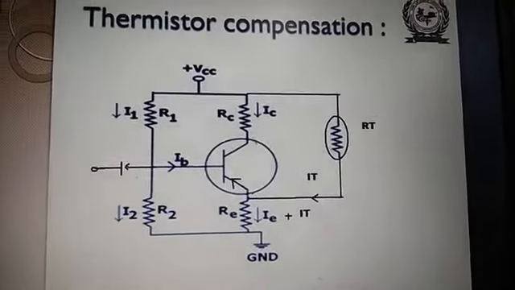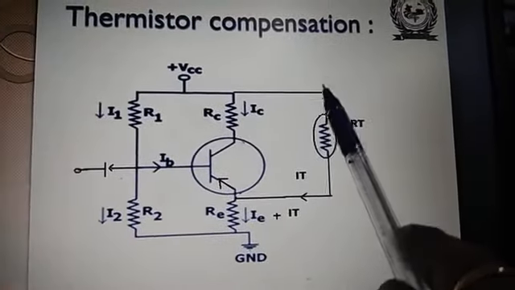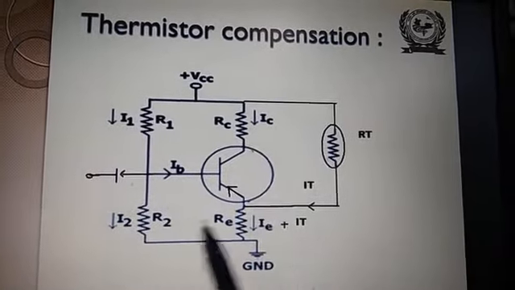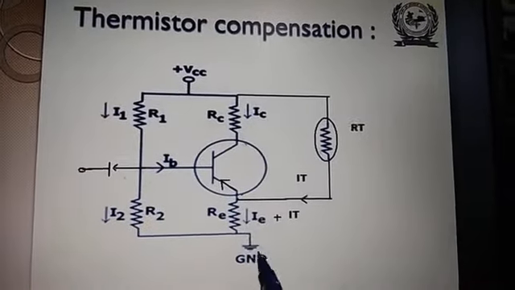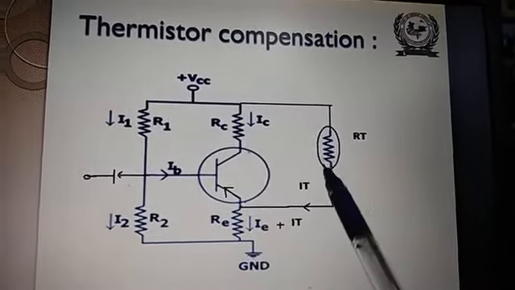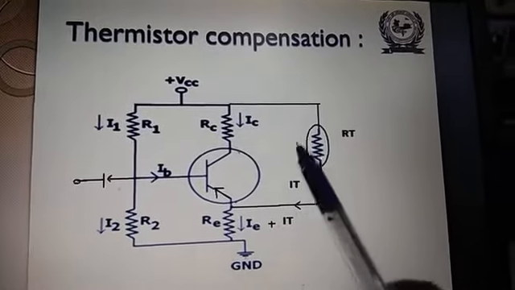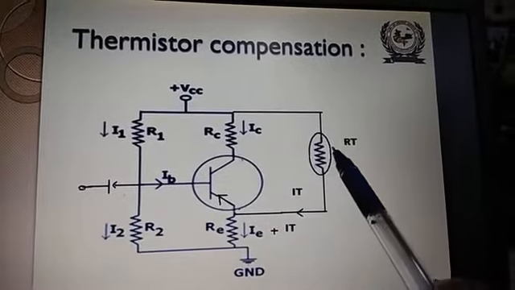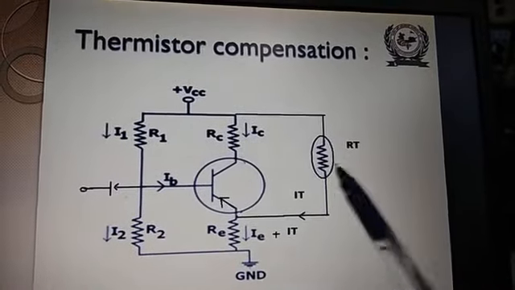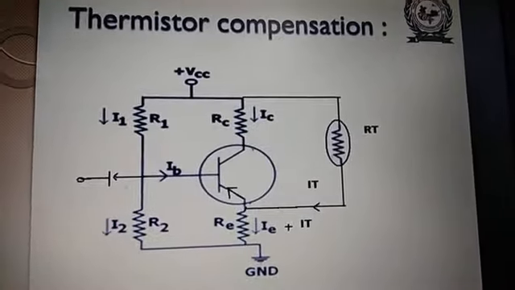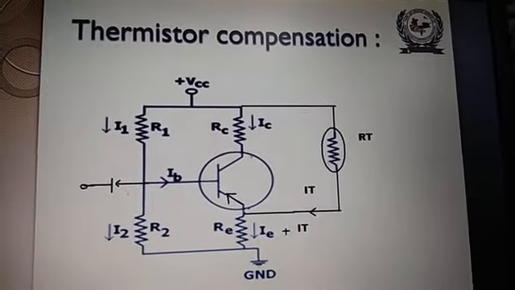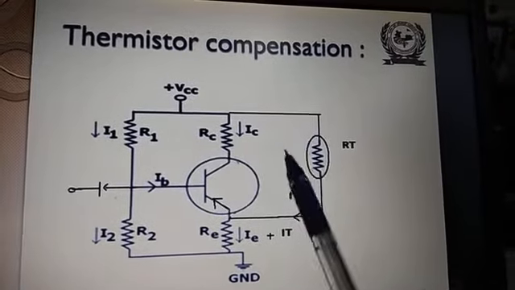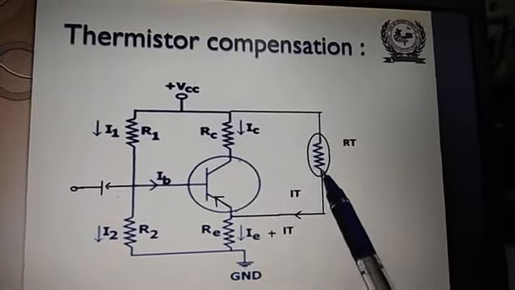Then thermistor compensation. This resistance from the collector to emitter, this is a common emitter configuration. Emitter is grounded. This temperature dependent device is used here, that is, we call it a thermistor, a type of transducer.